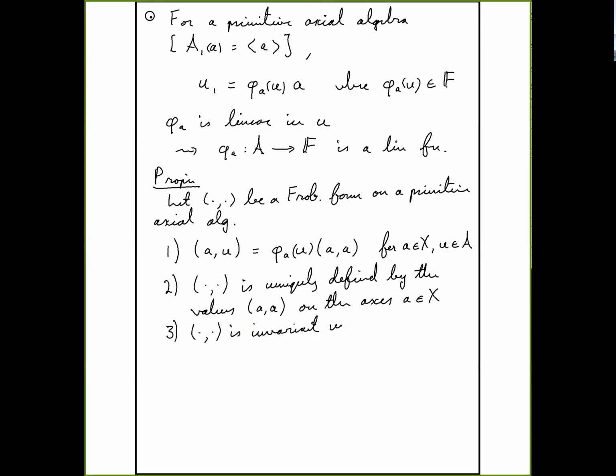So this is invariant under the Miyamoto group if and only if the values, if and only if when you apply an element of the Miyamoto group to the axes, then you have this for all A and X. Okay, so let me go about proving some of these.